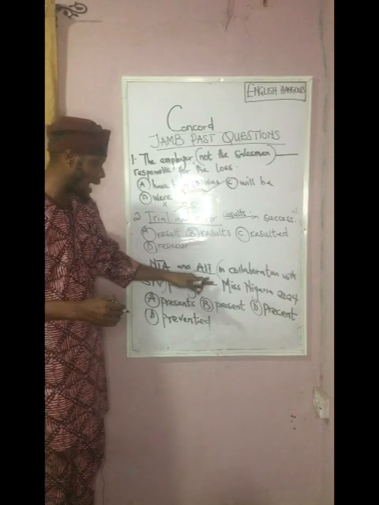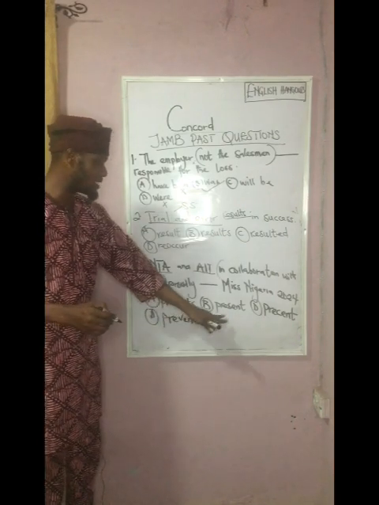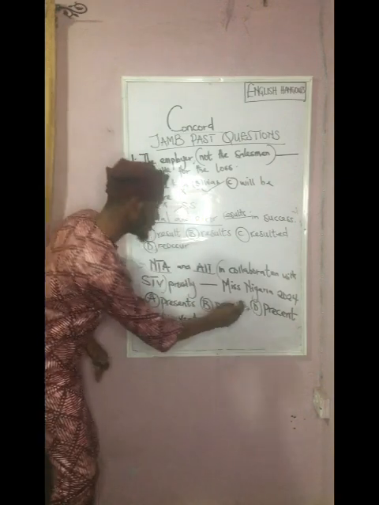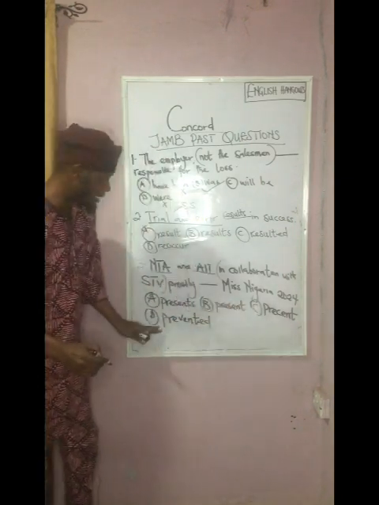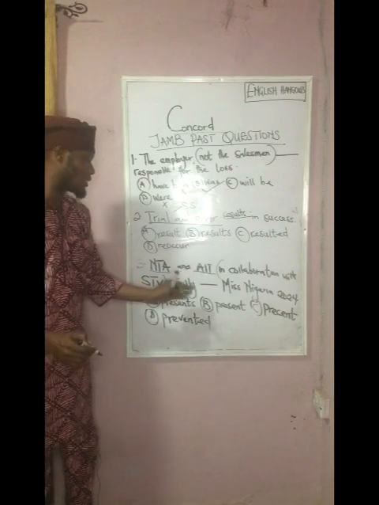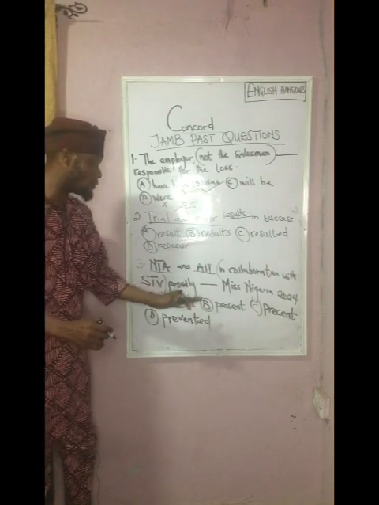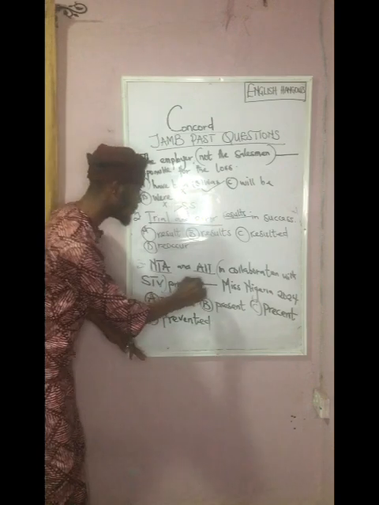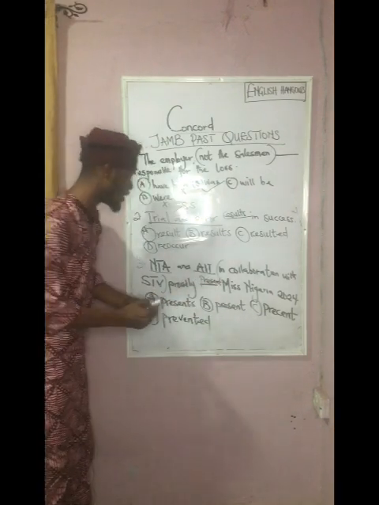NTA and AIT. A. Presents. B. Presents. C. Presents. D. Prevented. We said this is a plural subject, therefore the verb should also be plural. Present here is a plural verb.